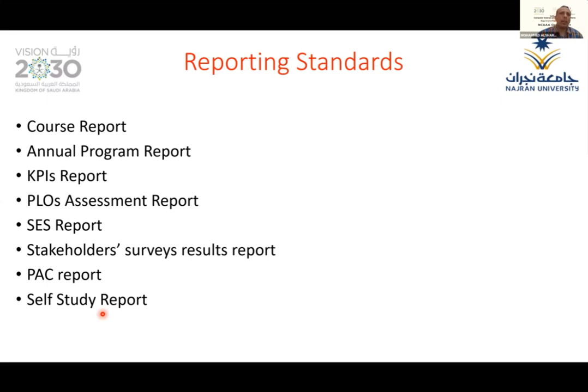Then in October 2016, if you remember, they asked us again to submit, at the time, CS and IS. I'm not sure about IS, but I remember CS. But I'm sure that in October 2016 they asked us to submit an NCAAA SSR again. Then nothing. Finally, this is the last SSR.